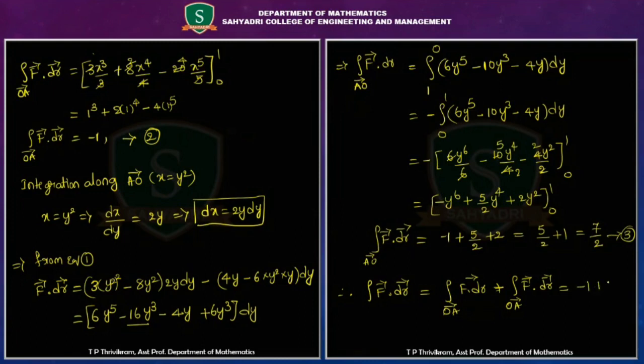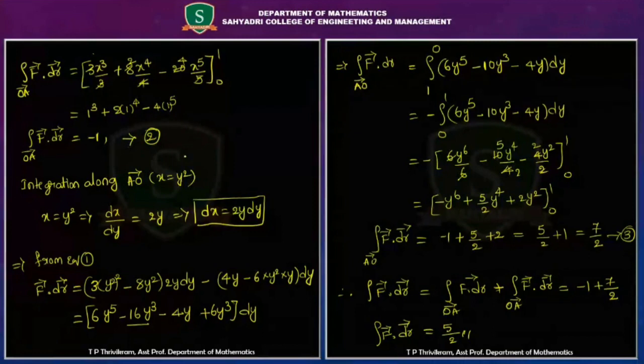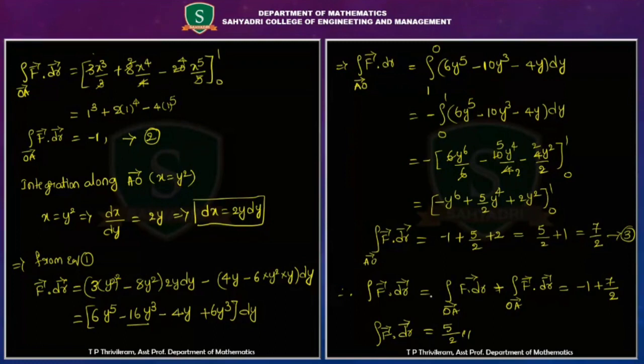Minus 1 plus 7 by 2. So minus 2 plus 7 will get 5, so 5 by 2 is the answer. So the integration over the given curve of f dot dr is equal to 5 by 2. Got it? Finally, we have to add these two individual curves. Integration over these two curves, so you'll get 5 by 2. Clear?